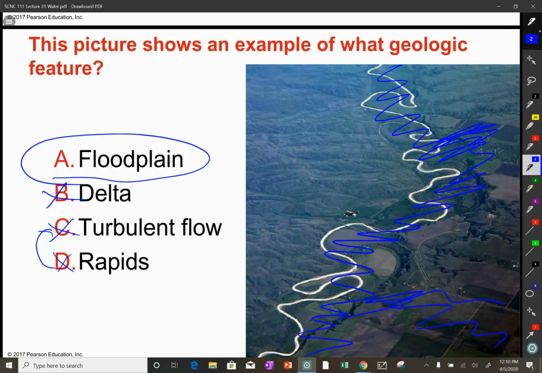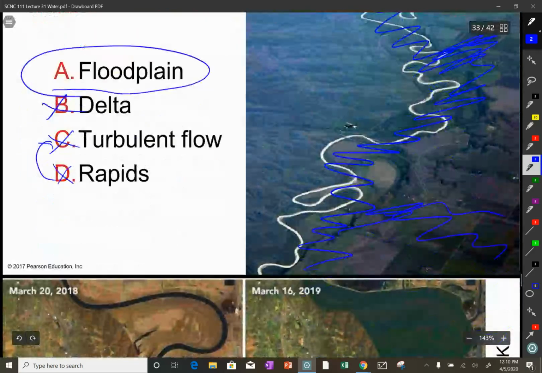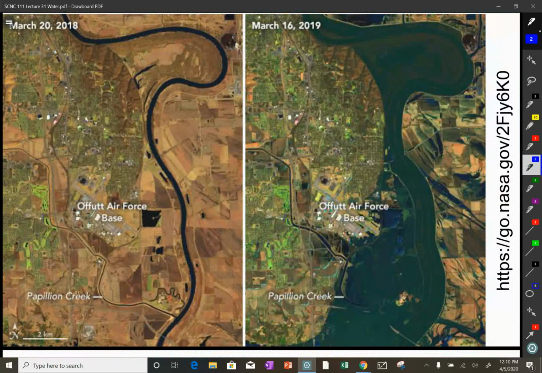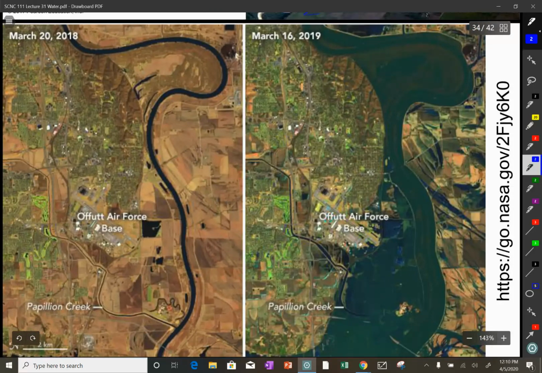Now, a year ago, we had some significant flooding here near Lincoln. So here are pictures I didn't take. I got these from a website from NASA. Got the link there. March 20, 2018 and March 16, 2019. And you see a big difference. Here's floodplain that just had the river flowing through in its path.